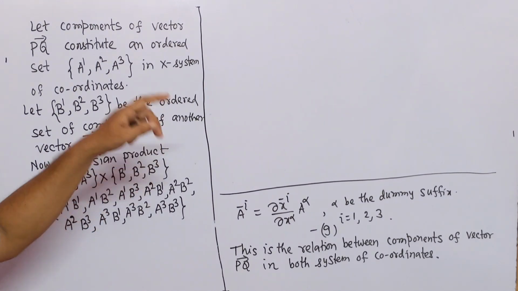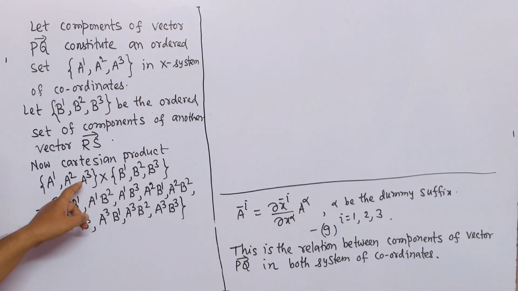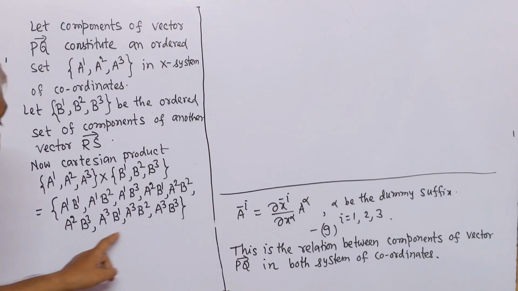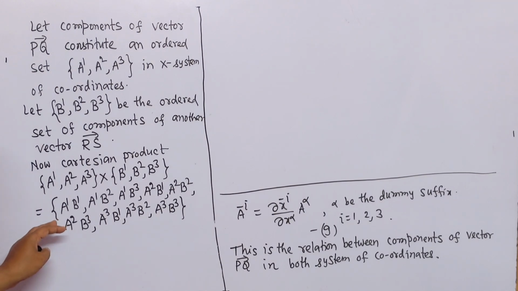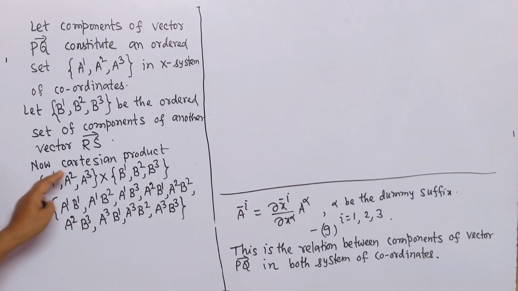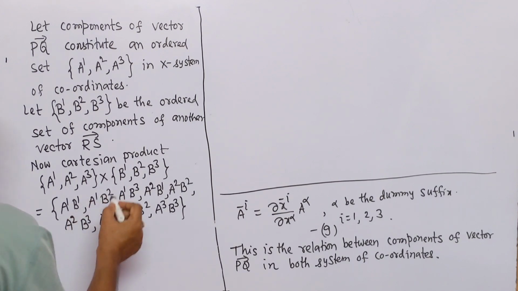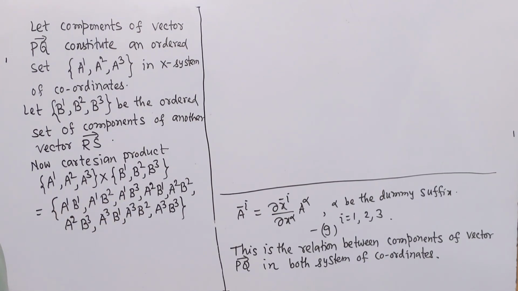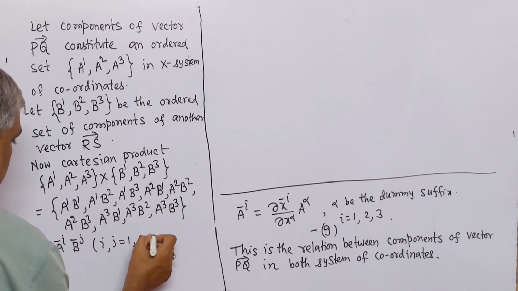Now let us take the Cartesian product of these two sets, which will be another set containing 9 elements. Now let us think about a physical quantity whose components are these elements in the X system of coordinates, and the corresponding quantities in the X bar system of coordinates be A bar i, B bar j, i, j equal to 1, 2, 3.